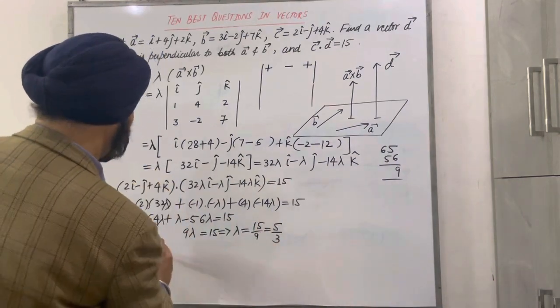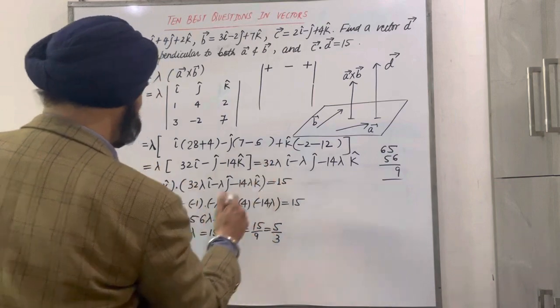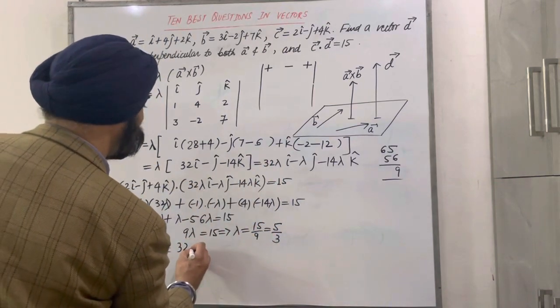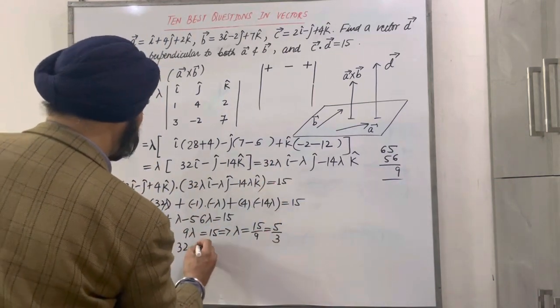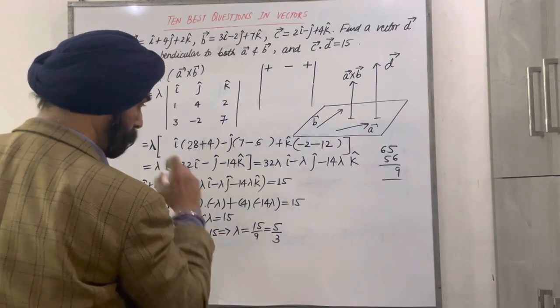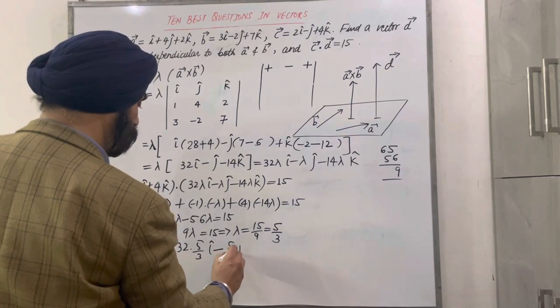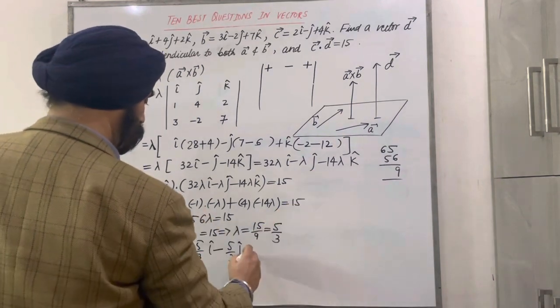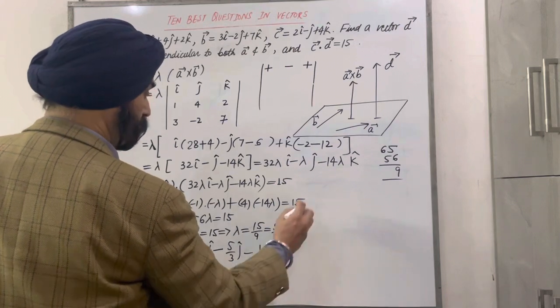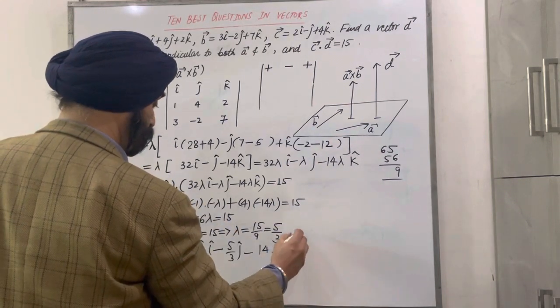So we'll write the final answer as vector D is equal to 32 in ordinary product with 5 upon 3 of i cap minus lambda, which is 5 upon 3, of j cap minus 14 of 5 by 3 of k cap.